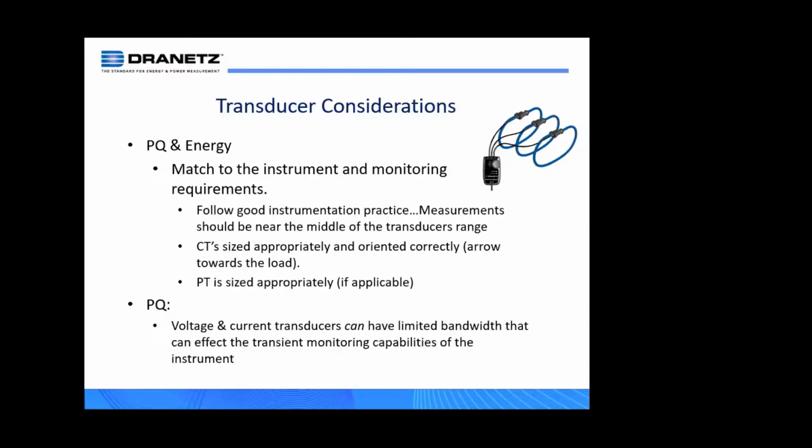So you want to keep that in mind, particularly when you might be in a medium voltage application. In a medium voltage application, you obviously can't bring the voltage and current inputs directly to the instrument. So typically you're going to monitor through existing PT and CT secondaries. Usually those PTs and CTs are for metering purposes and don't have the bandwidth to pass through the transient events that you might be looking to record and mitigate. So that's just something to keep in mind.